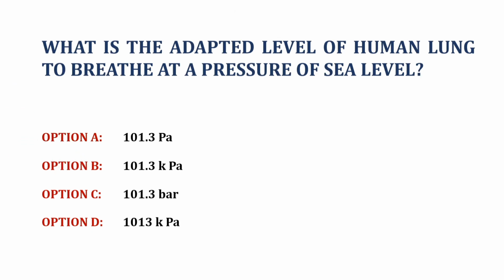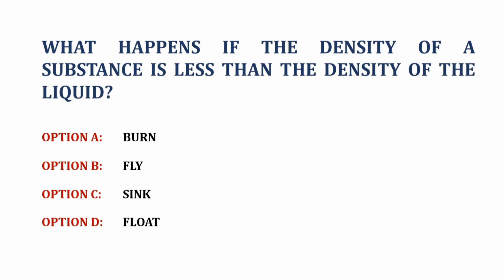What is the adapted level of human lung to breathe at pressure of a sea level? Option B. 101.3 kilopascal. What happens if the density of a substance is less than the density of a liquid? Option D. Float.